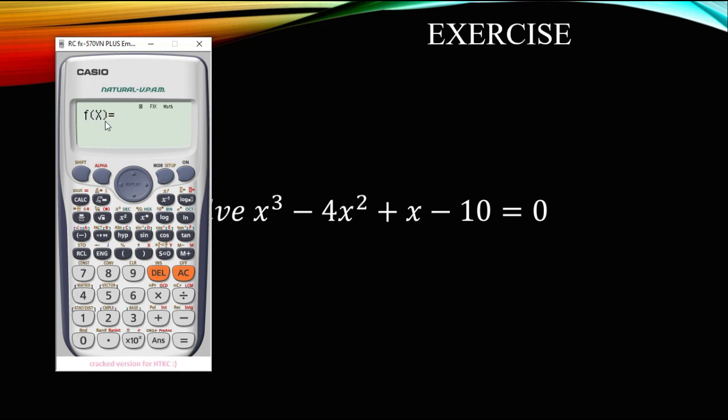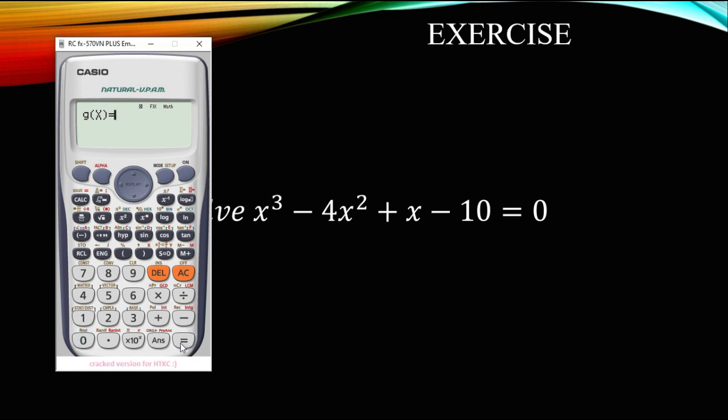You will get f of x is equal to, so I can write here my equation, which is x cubed minus 4 times x squared plus x minus 10.